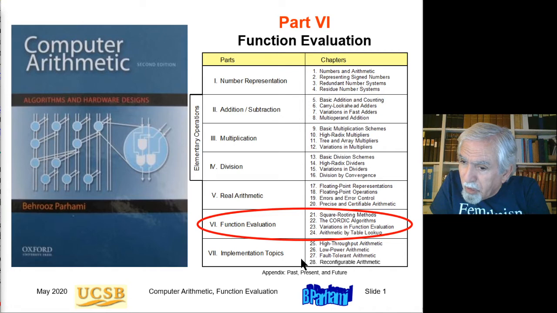Okay, so Part 7 has chapters on high throughput arithmetic, basically pipelining, low power arithmetic, fault-tolerant arithmetic, and reconfigurable arithmetic, primarily building arithmetic circuits on FPGAs. So all 4 chapters in Part 7 will be ignored in this course, and chapters 23 and 24 also will be ignored.